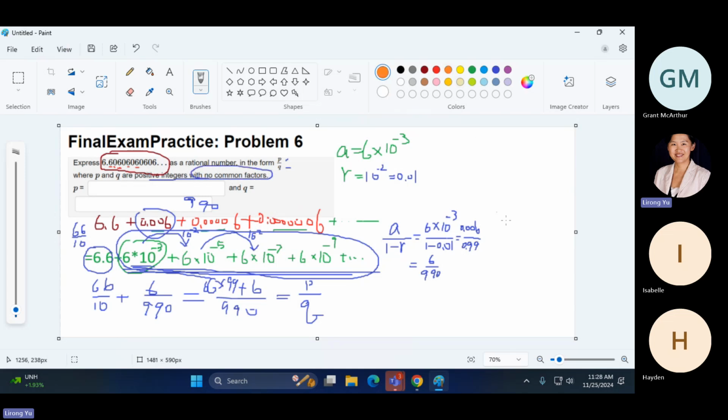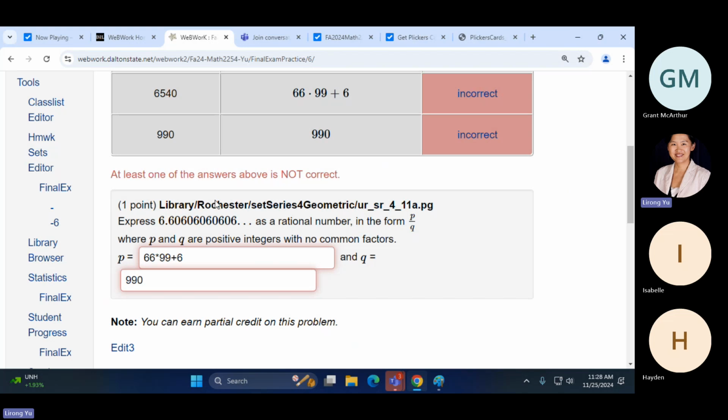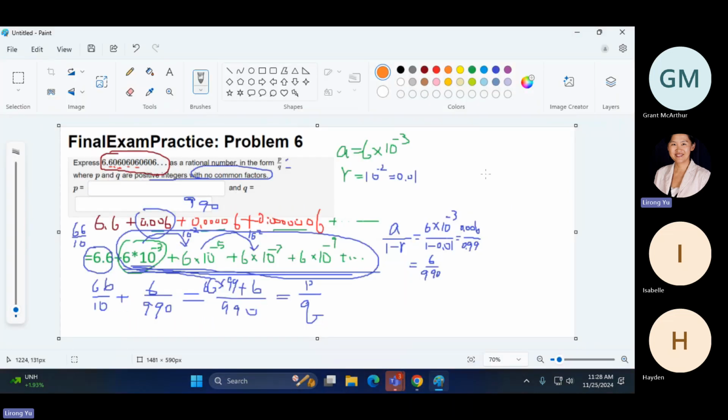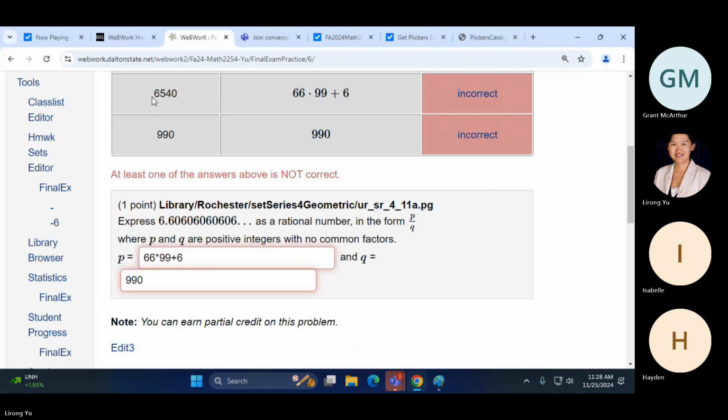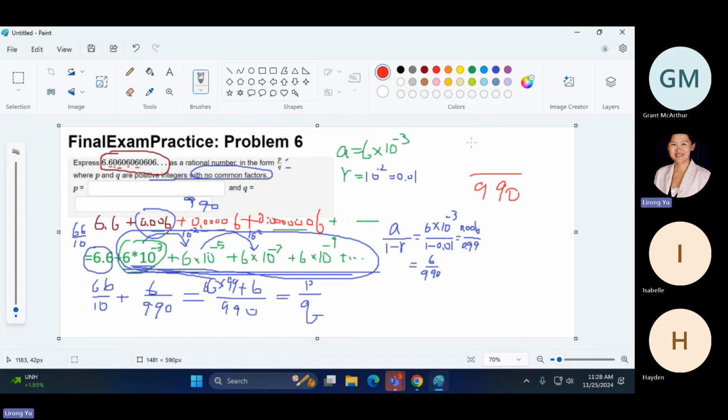So I guess I should actually look at it. Okay, so the denominator was 990 right now, and the numerator was 6,540. So we should cancel common factors before we create the answer.